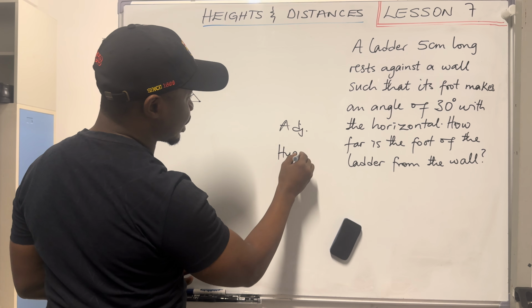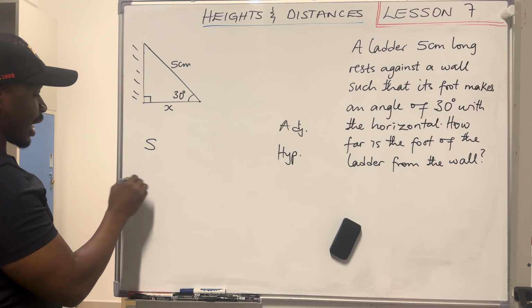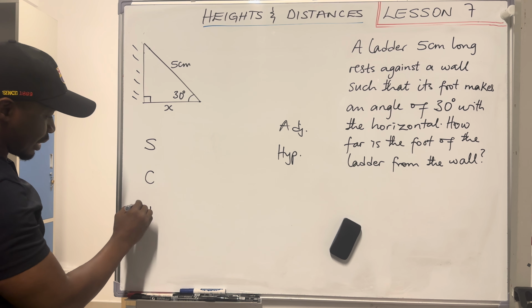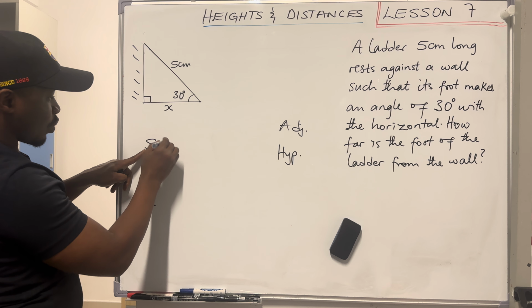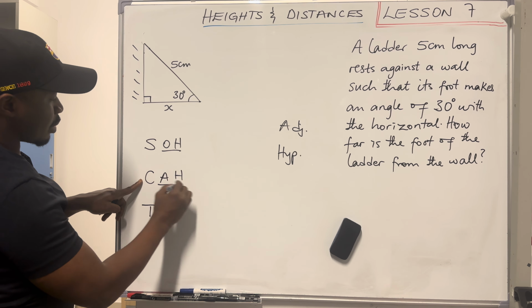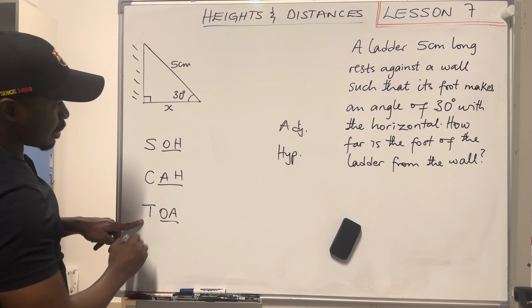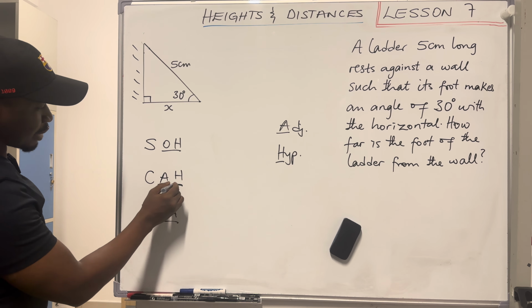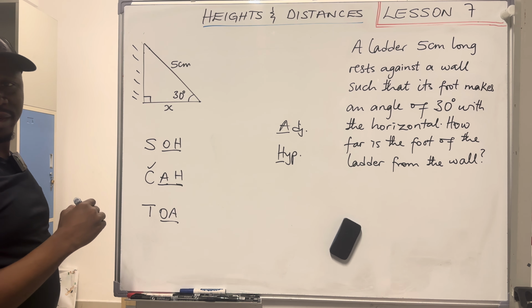So if we have sine, cosine, and tangent, and we have SOH CAH TOA, like this, we have CAH, adjacent and hypotenuse.